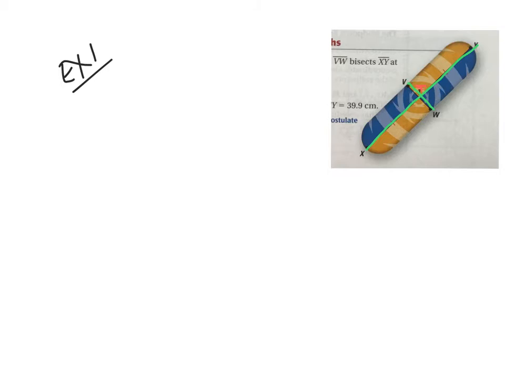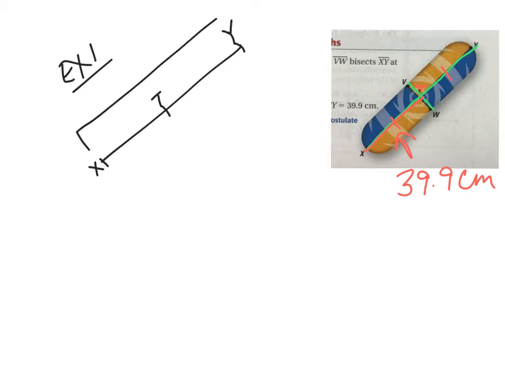And then XT, this part of this segment, tells us that that is 39.9 centimeters. Find what XY is. Okay, so we have a segment going like this. It's bisected. This is XT and then TY. And they want to know the distance from X all the way to Y.